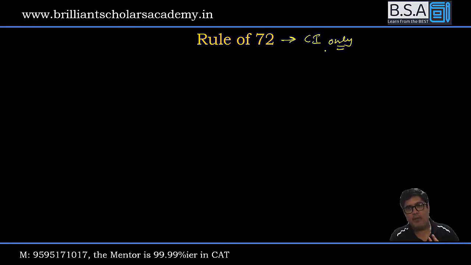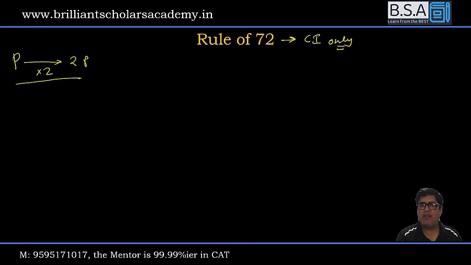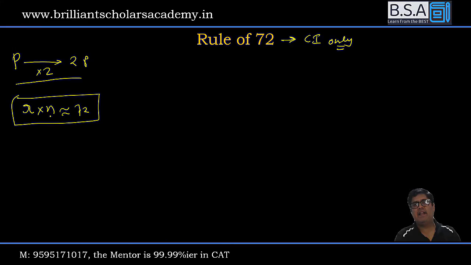The statement would be, whatever principal you keep in the bank, P, for your investment to get doubled, the multiplication of rate of interest and number of years must be closest to 72.